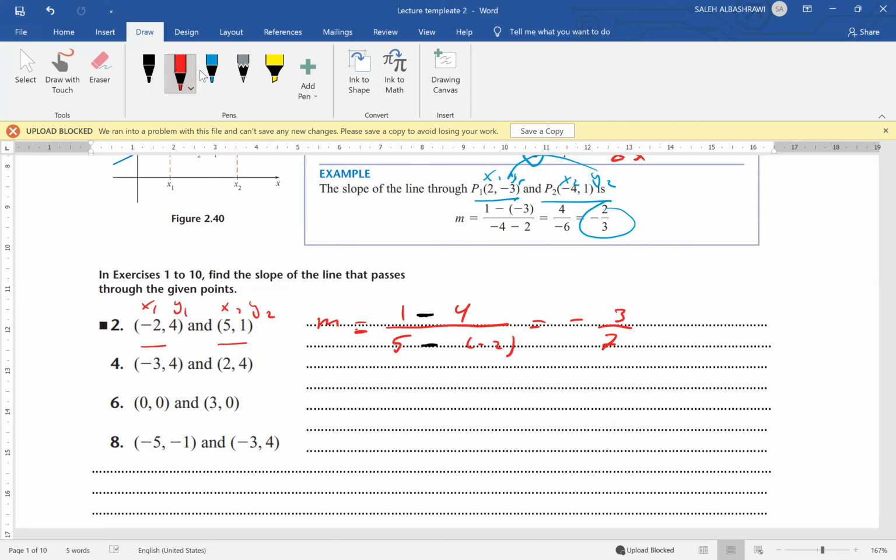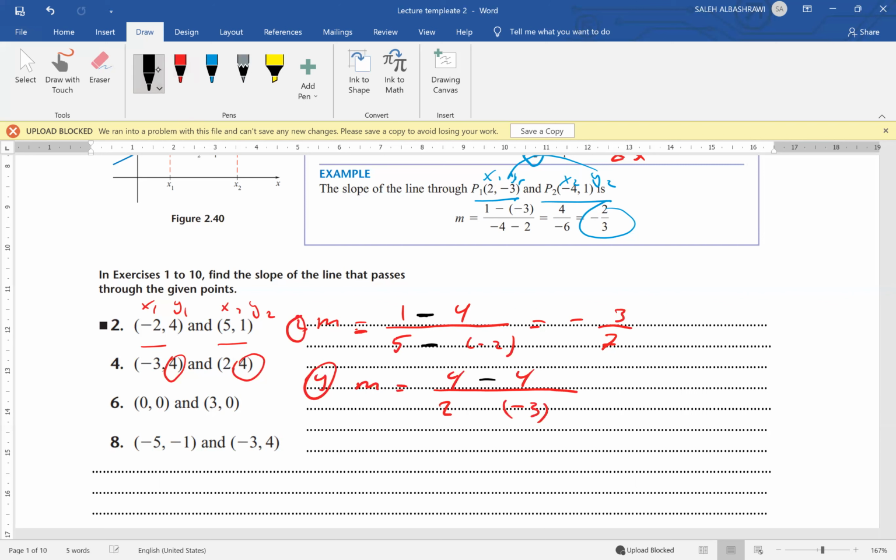For the second one, number 2. The slope m is equal to y2 minus y1, which is 4 minus 4, divided by x2, which is 2, minus x1, which is minus 3.